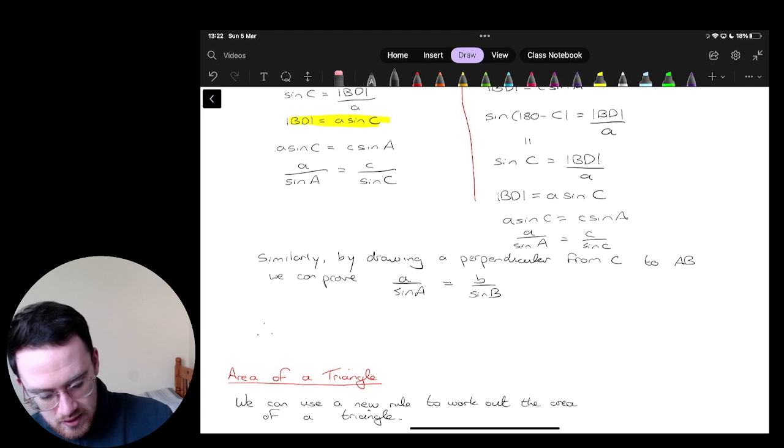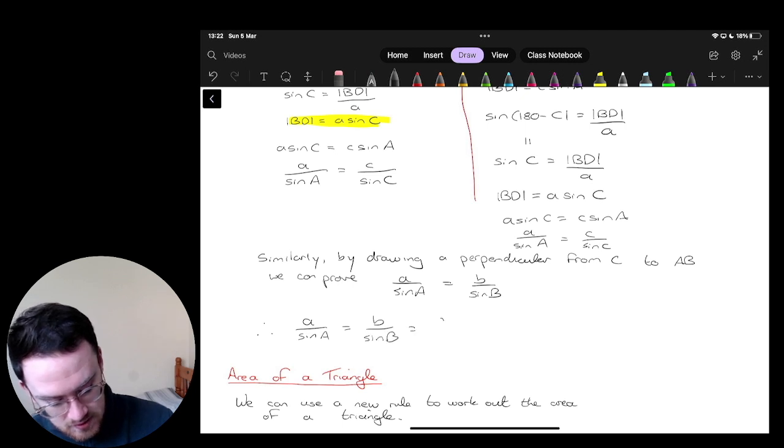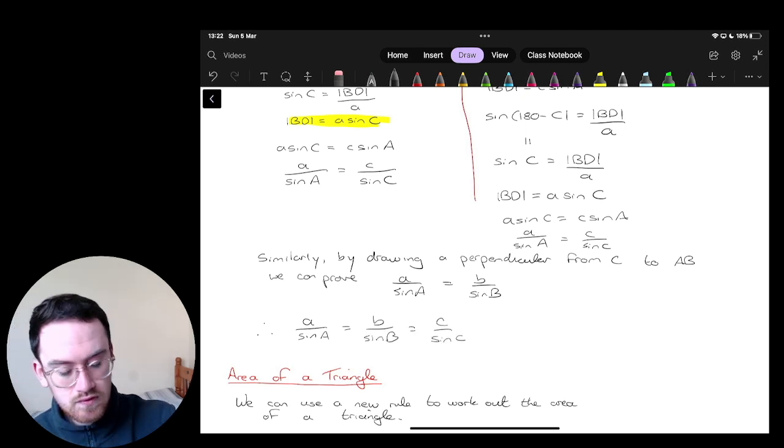And therefore, we have that A over sine A is equal to B over sine B is equal to C over sine C. So that's our proof of the sine rule.